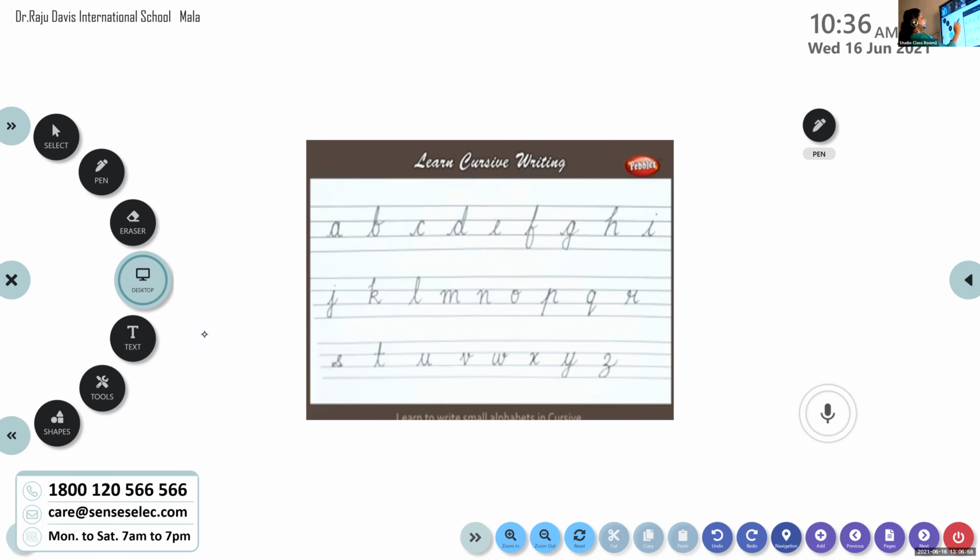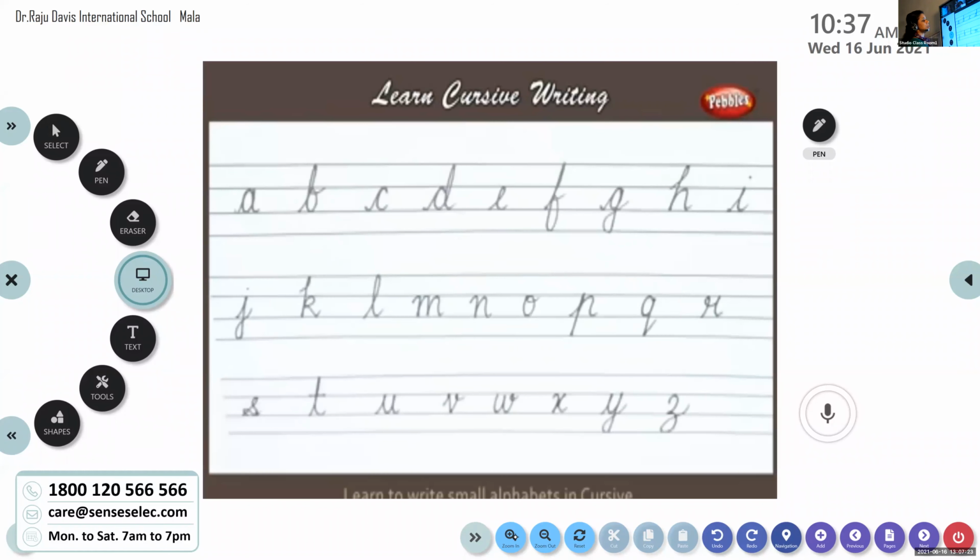A, B, C, D, E, F, G, H, I, J, K, L, M, N, O, P, Q, R, S, T, U, V, W, X, Y, and Z. So these are the letters.